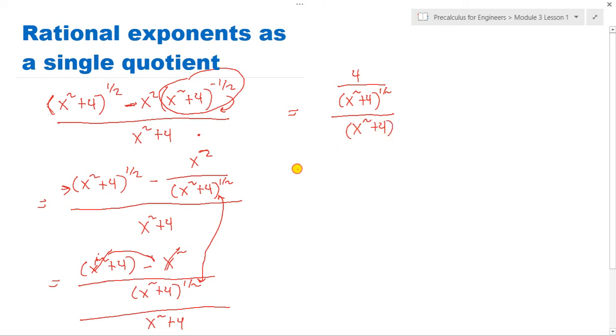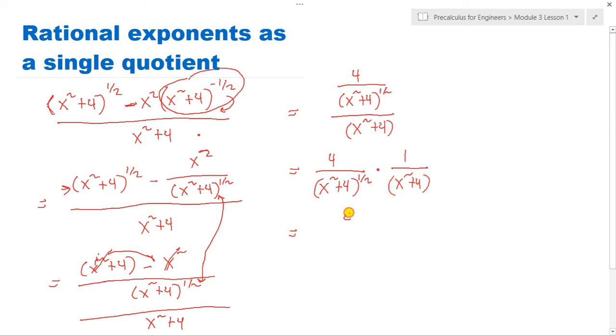Here, class, find the reciprocal of x squared plus 4, then proceed to multiplication. So, we have 4 all over x squared plus 4 raised to 1/2 multiplied by 1 over x squared plus 4 kasi yan yung reciprocal niya. Then, proceed to multiplication.